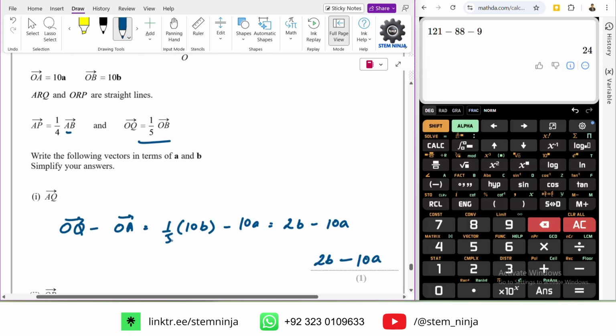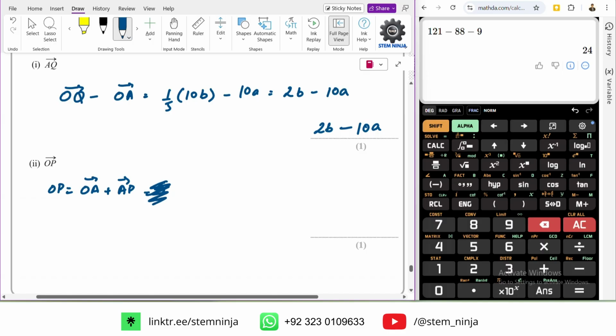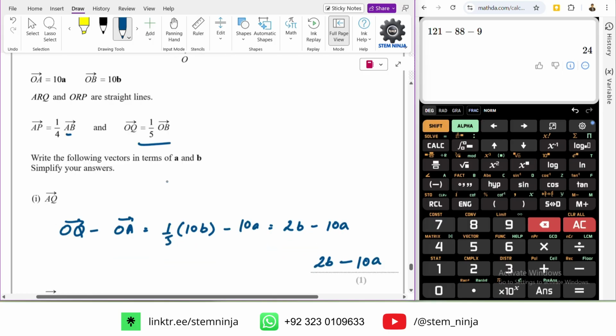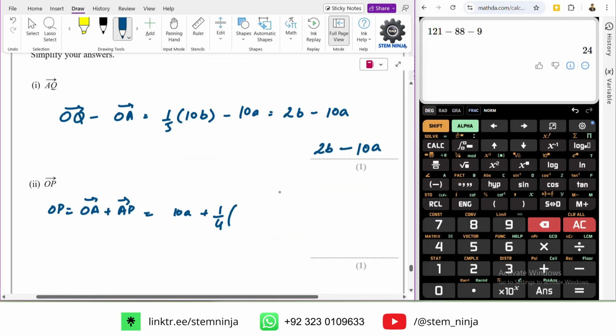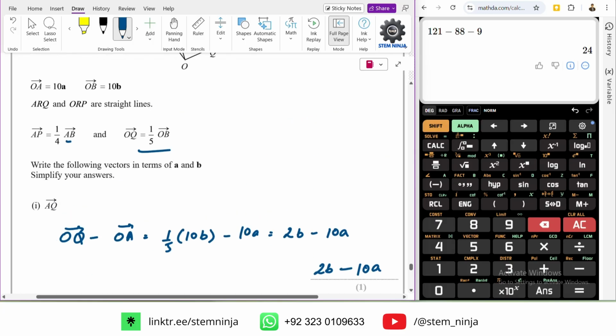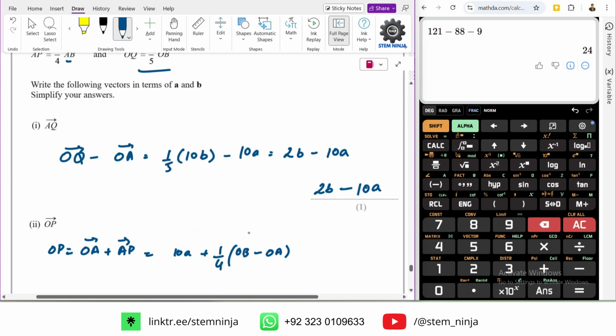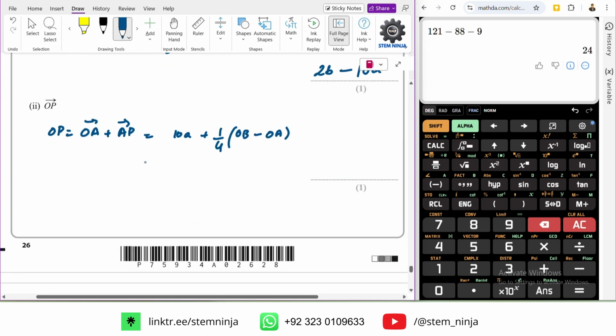OA is 10a plus AP, which is 1/4 of AB, which is going to be OB minus OA. OB is given as 10b, so 10b minus 10a.